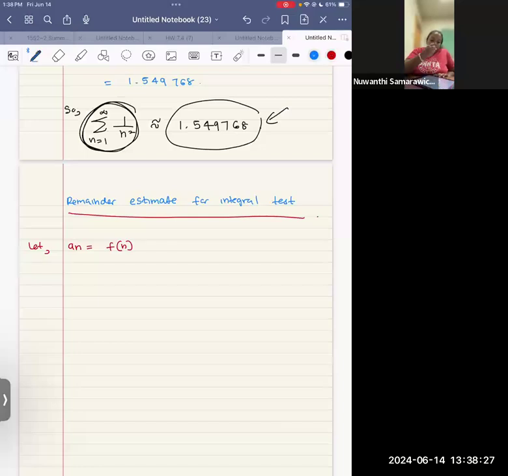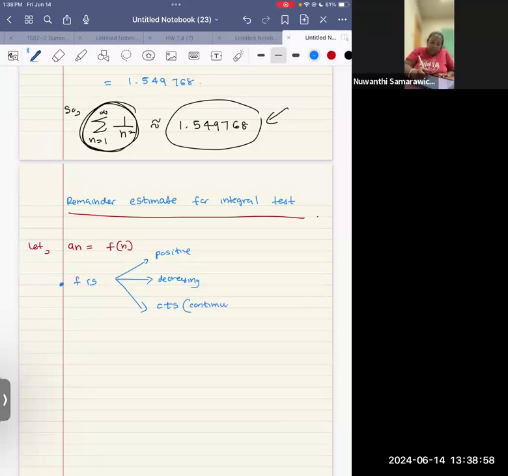Now, to use this remainder estimate, you have to show that f is positive, like in the integral test, decreasing, and continuous.